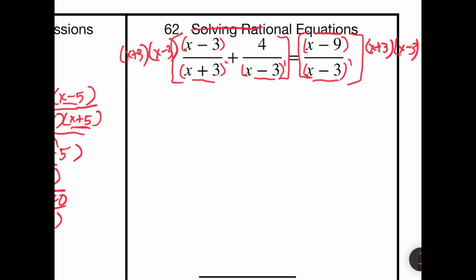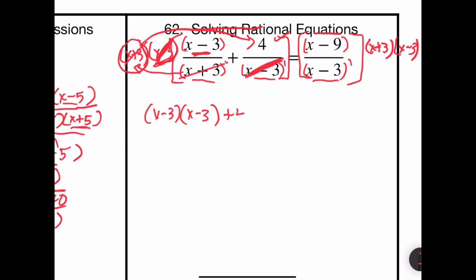And this is how we do it. X plus 3 will divide out with x plus 3, leaving you with x minus 3 times x minus 3. And I'm just going to express that in the next line, x minus 3 times x minus 3. You'll notice I eliminated the denominator, which was my goal. For the second piece, I have x minus 3 divided out with x minus 3, and so now I have x plus 3 times 4.